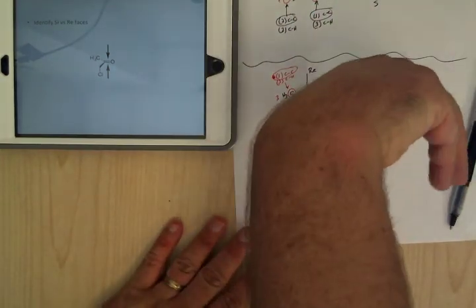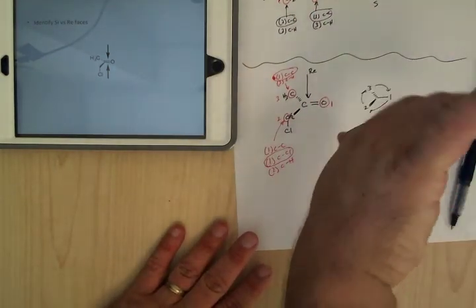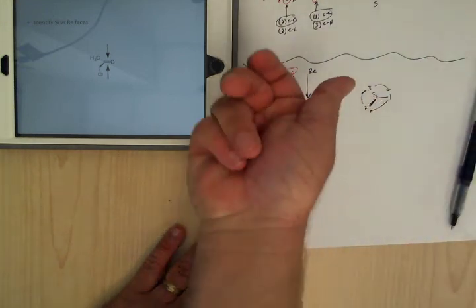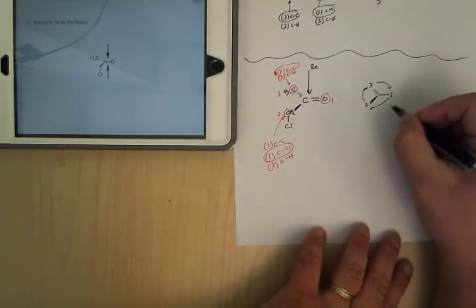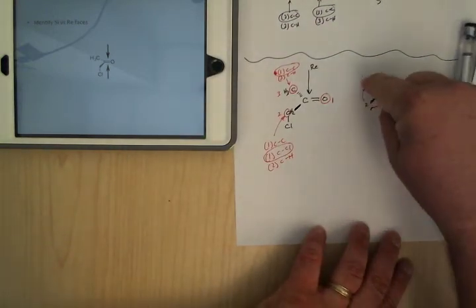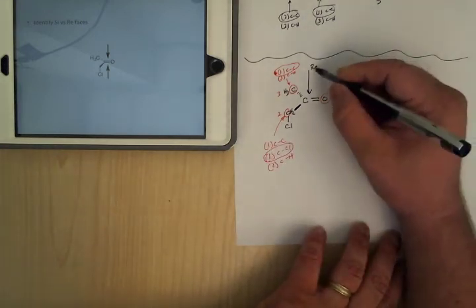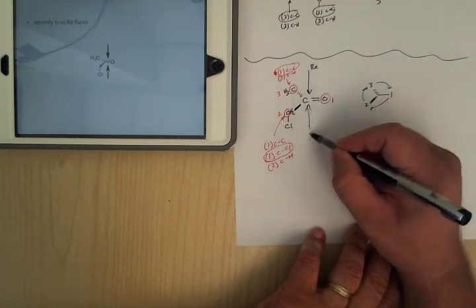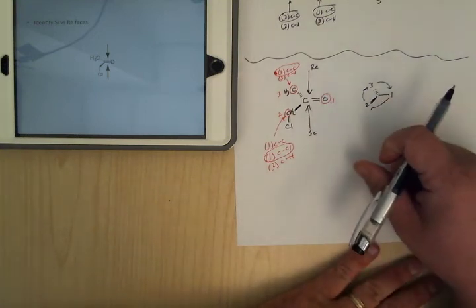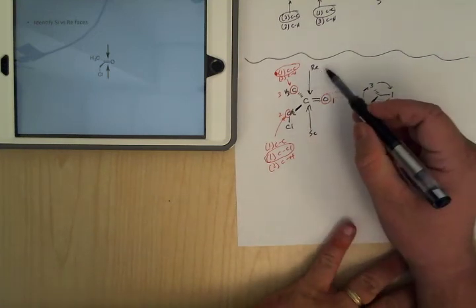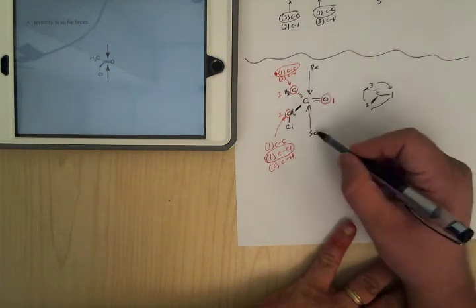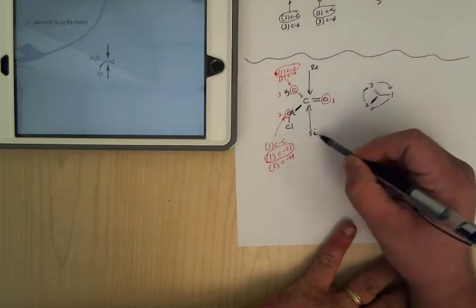Then your fingers sweep 1 to 2 to 3 around, and since you're using your right hand, that'll be the Re. If that's the Re, then that has to be the Si face. So Re for rectus, and Si for sinister.